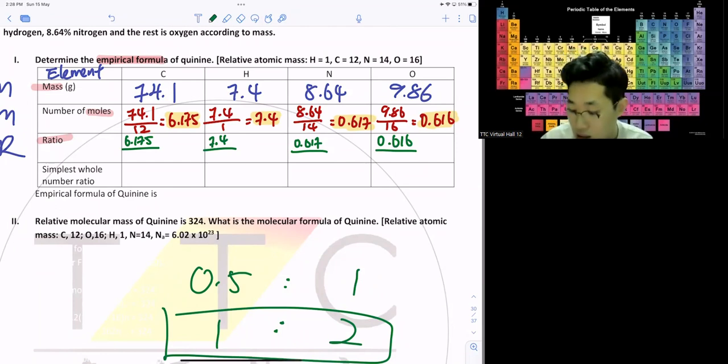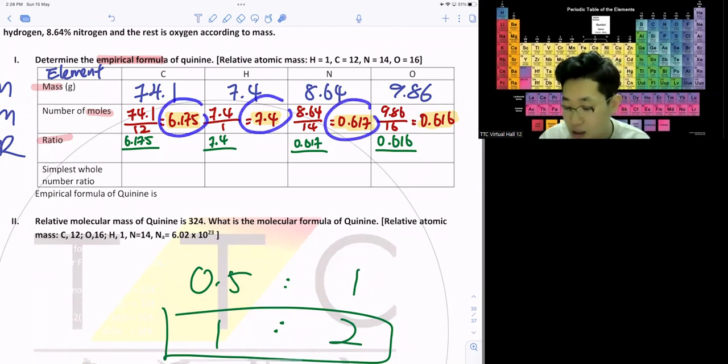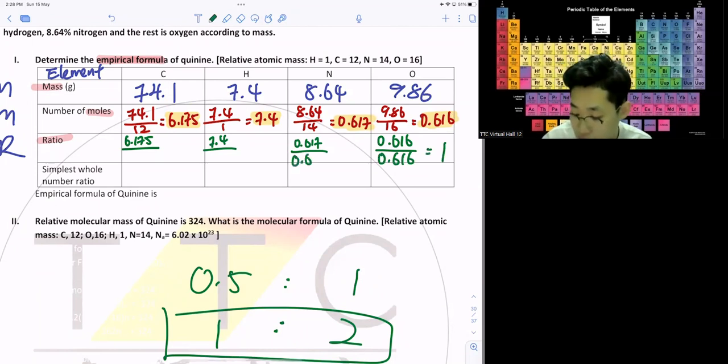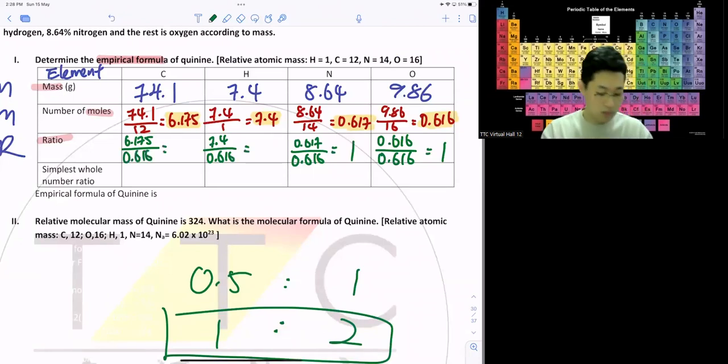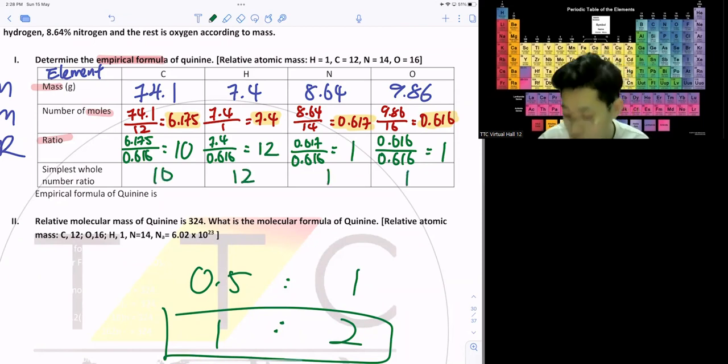Jacinta, correct. The smallest among these 4 is the 616. So the whole number will be 10, 12, 1, 1.